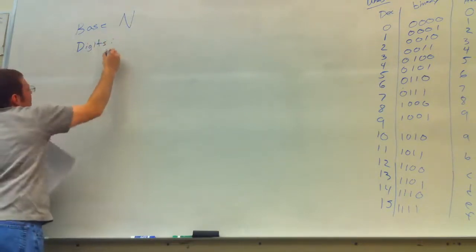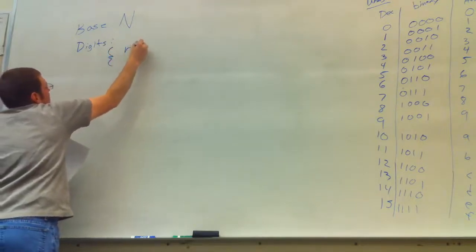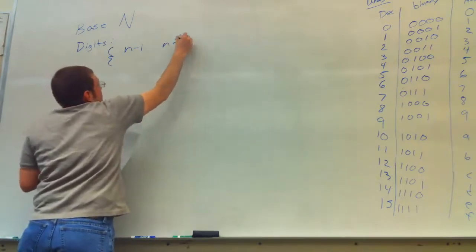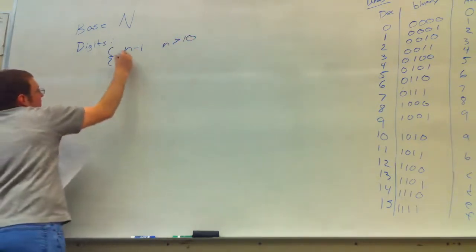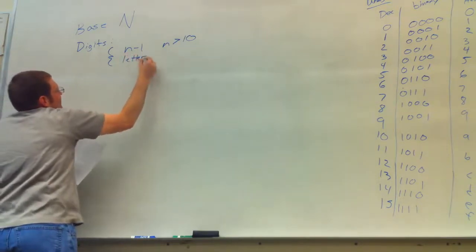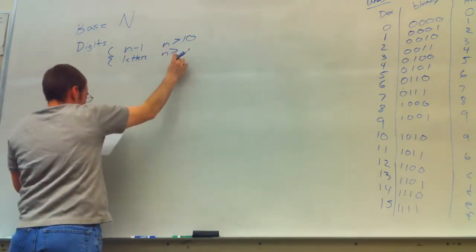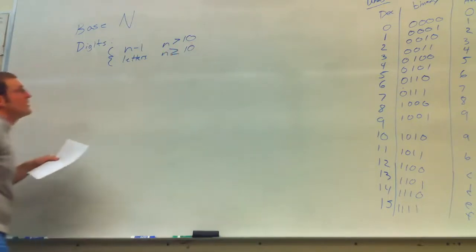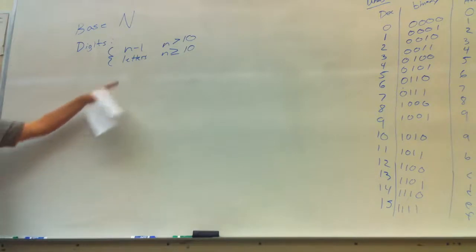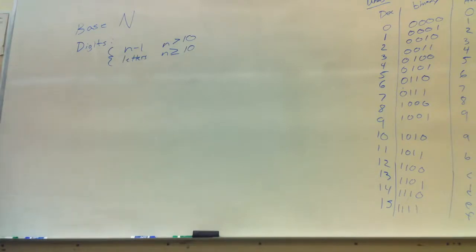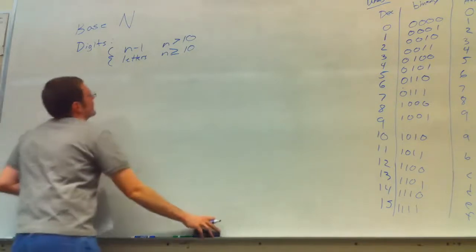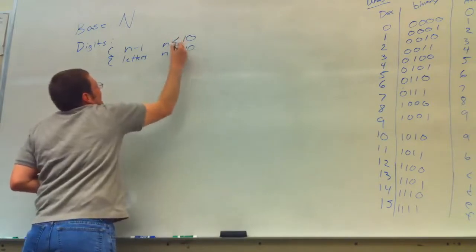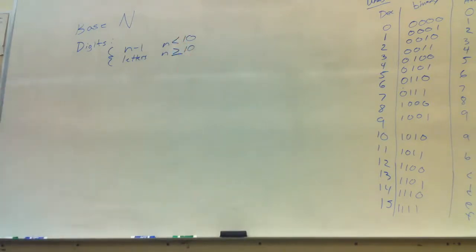Kind of like a formula: if n is less than 10, you use digits, and you use letters for n greater than 10, and then you run out of the alphabet.